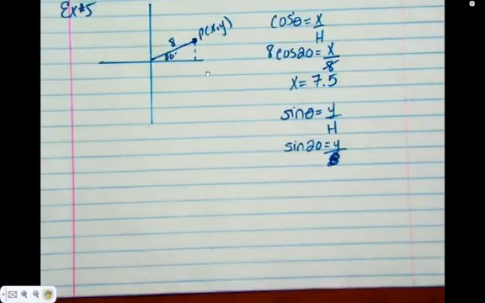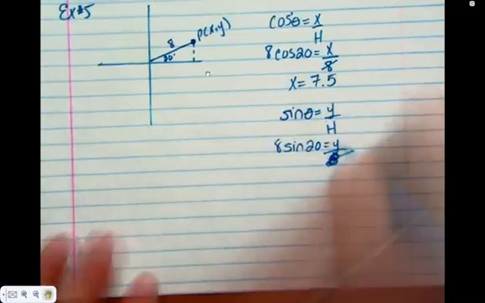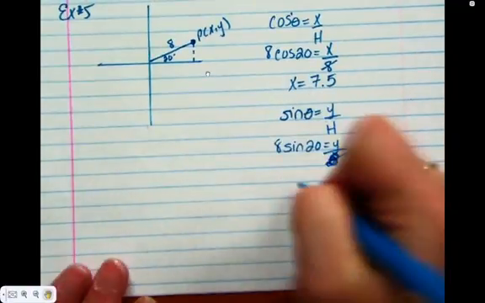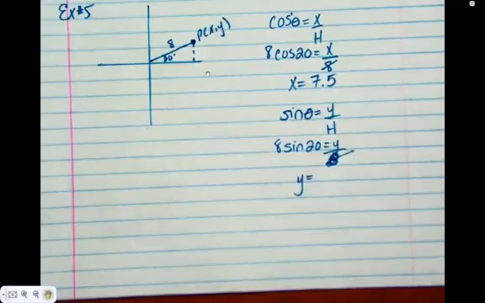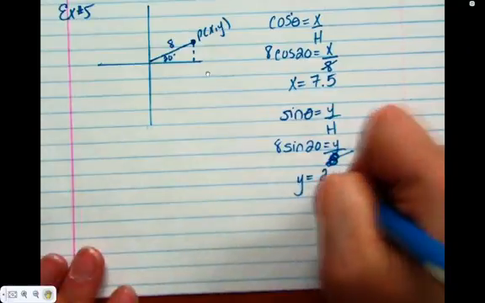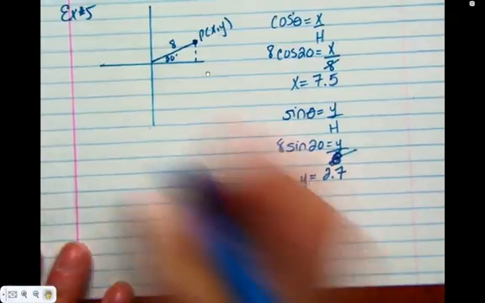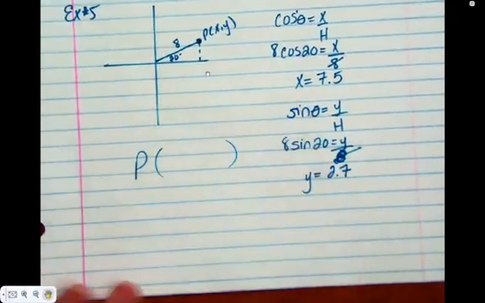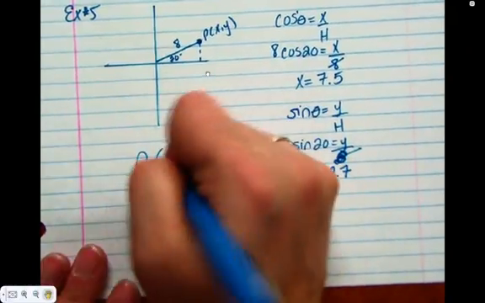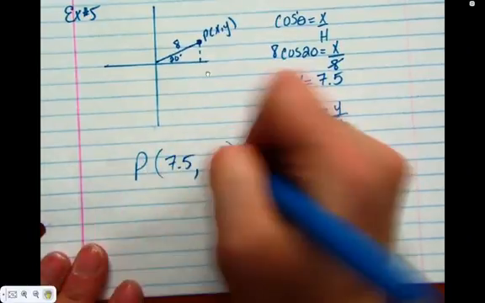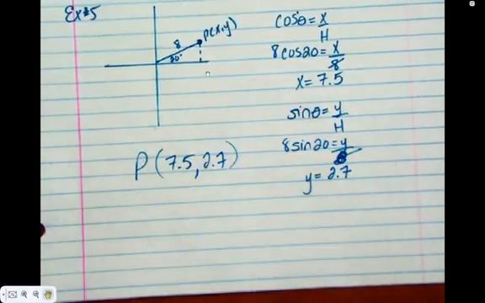How do we get rid of it? Offer of 2.7. And so now let's just state P. What would P be? 7.5, 2.7. Does the working backwards make sense?